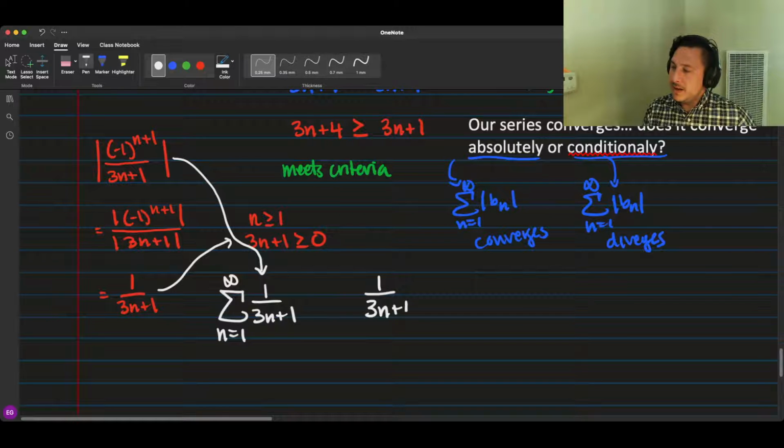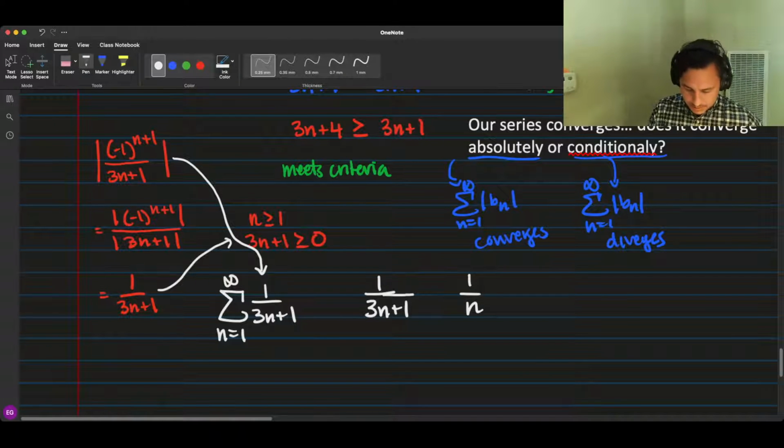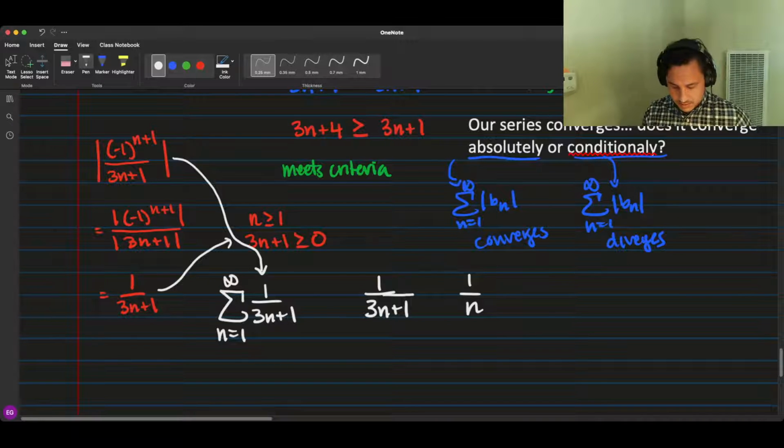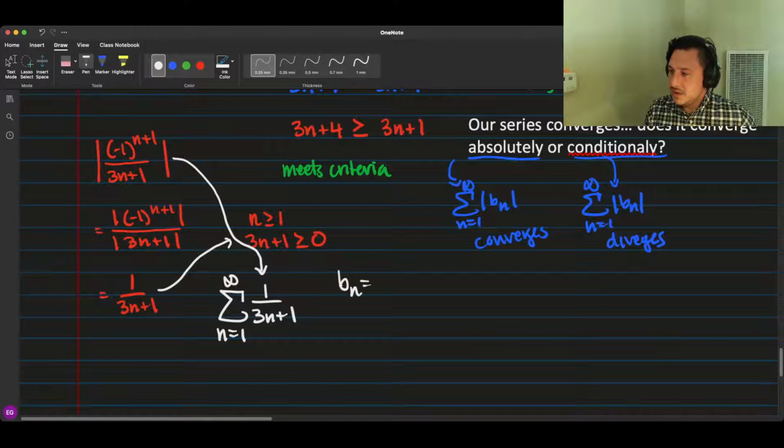I am going to compare 1 over 3n plus 1 to 1 over n. Oh, wait, that's not how you do the comparison test. So we're going to compare our bn, which equals 1 over 3n plus 1, to our an, which is going to be 1 over n, because we know this thing diverges.